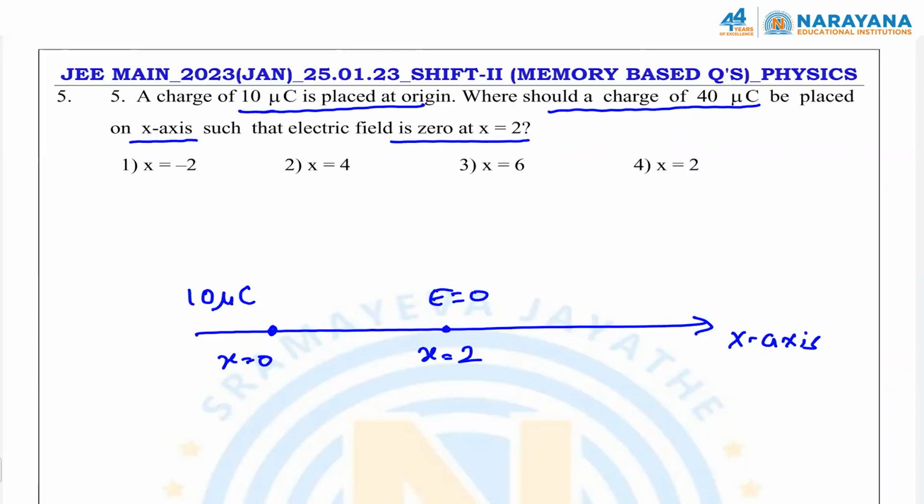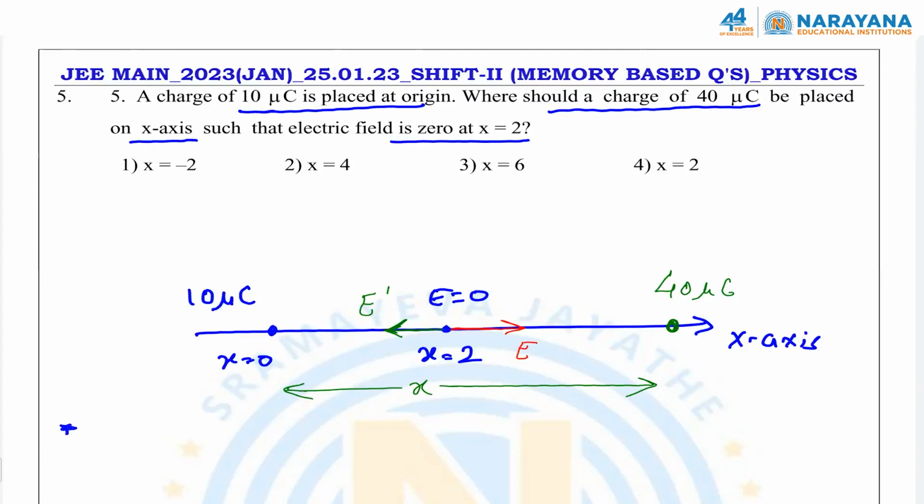Now this 10 microcoulomb charge will generate an electric field towards right, E. So I want to cancel this field, so I will place the other charge of 40 microcoulomb at some x so that it produces an electric field in the opposite direction, let us say E prime, so that the net field becomes 0.